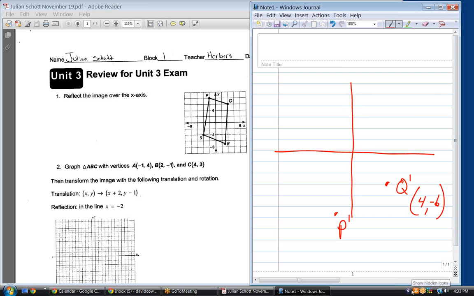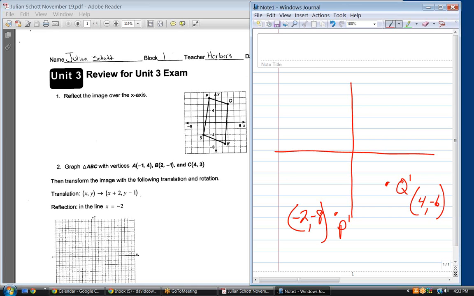All right. P was at what? -2, 8, right? Yeah, that was P. So P prime must be -2, -8. In other words, all we're doing is changing the sign on the y-coordinate.